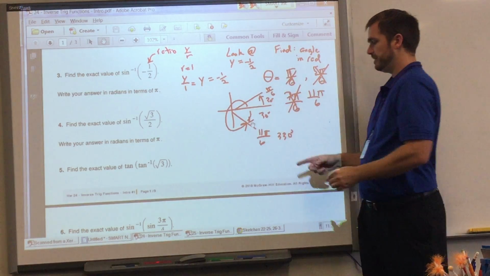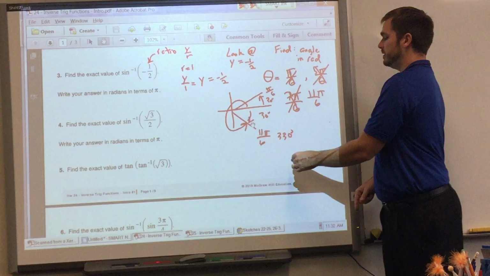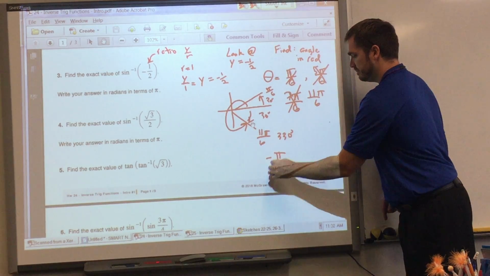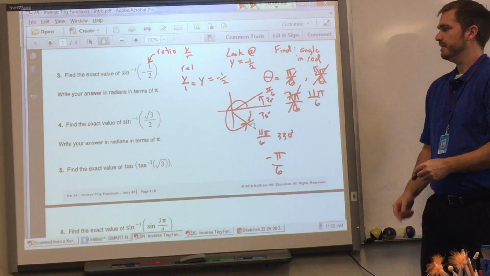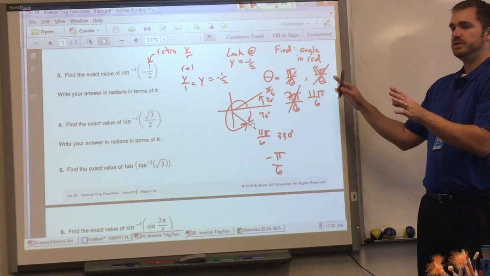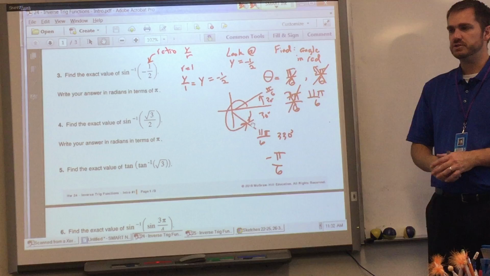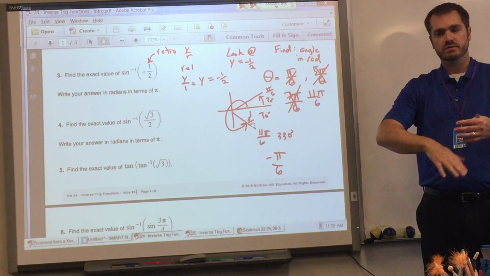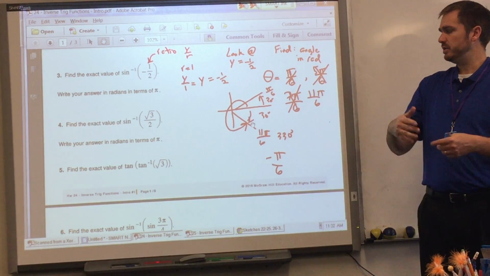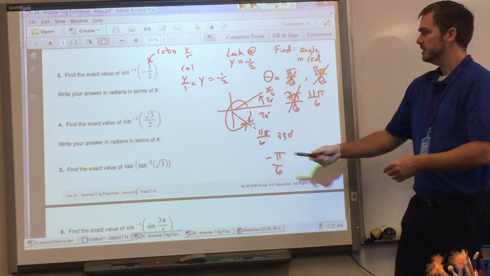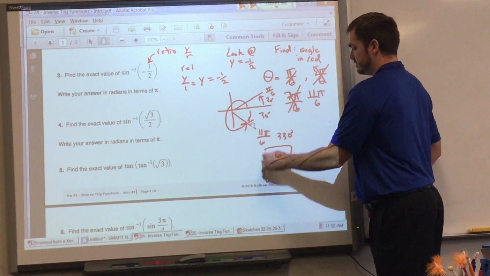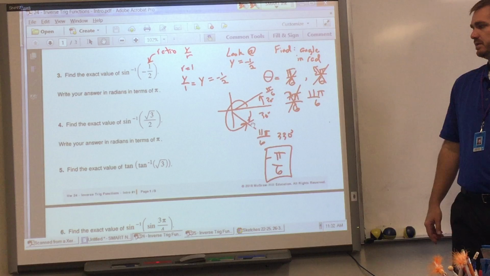Pi over 6. So this one right here would be negative pi over 6. There's so much going on in this first problem, but I'm glad we were able to review all that yesterday. Inverse sine is only first and fourth quadrant, and you have to go from negative pi over 2 to positive pi over 2. So there we go. We finally solved it. Negative pi over 6.